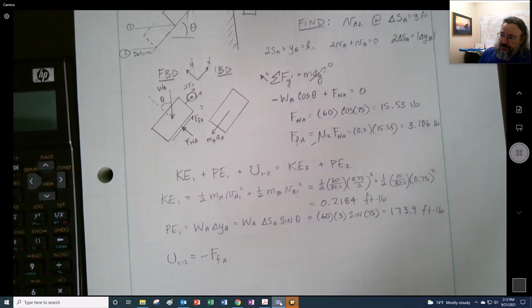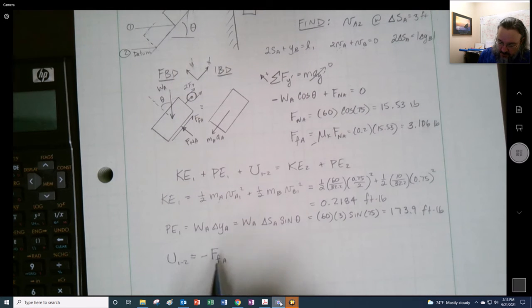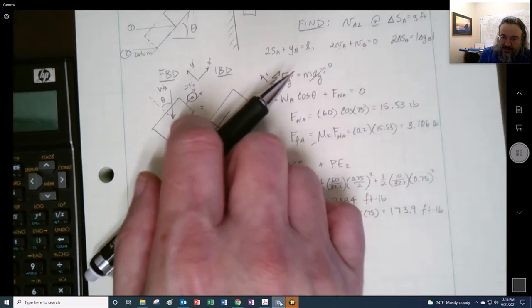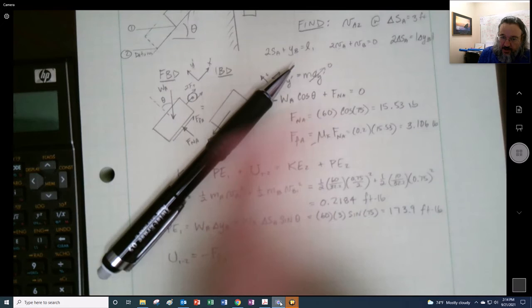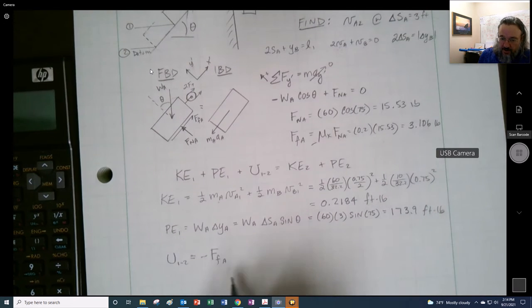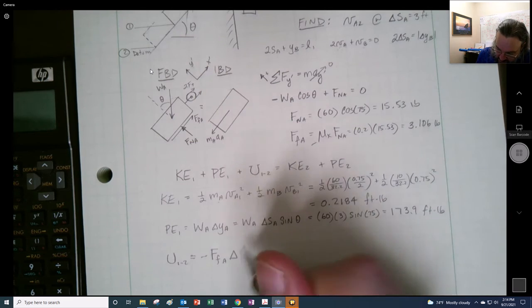Friction energy is being dissipated into heat and noise and what have you, but it's being taken away from the system between states 1 and 2. We could also see that the motion is in the opposite direction of the friction force. So motion is going that way, friction force is coming this way, and therefore it's going to be a negative number.